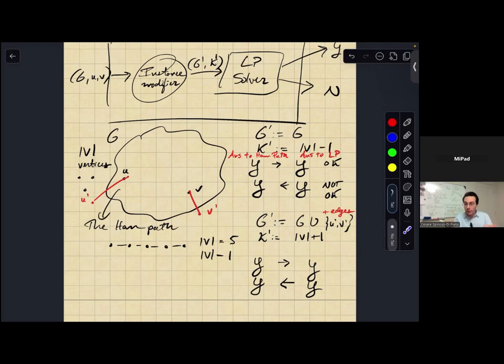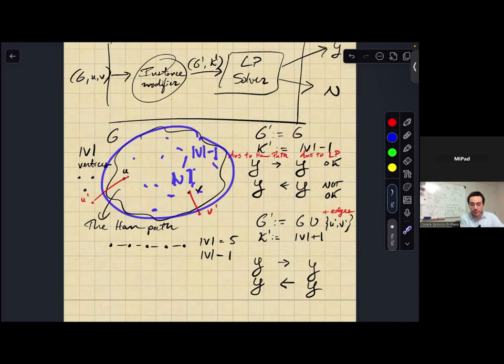Well, this path is simple, which it has to be because the longest path problem stipulates that the longest path has to be a simple path. Then there are only V vertices in my initial graph G, and so the longest path in G is at most V minus 1.